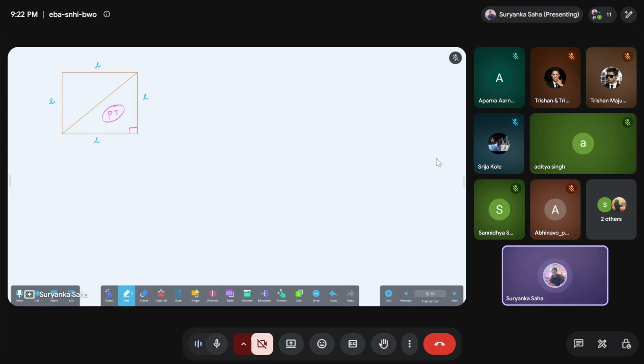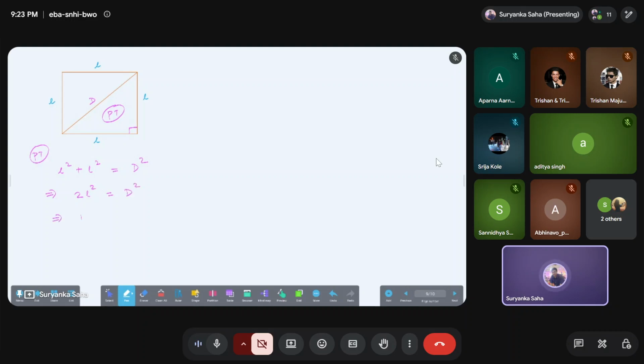Apply PT on the lower triangle. So it will be L square plus L square equal to diagonal square, isn't it? D for diagonal. Let me write capital D square. So it will be 2L square equals capital D square.